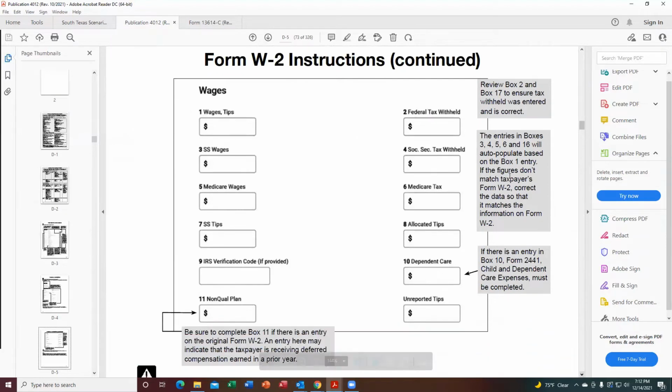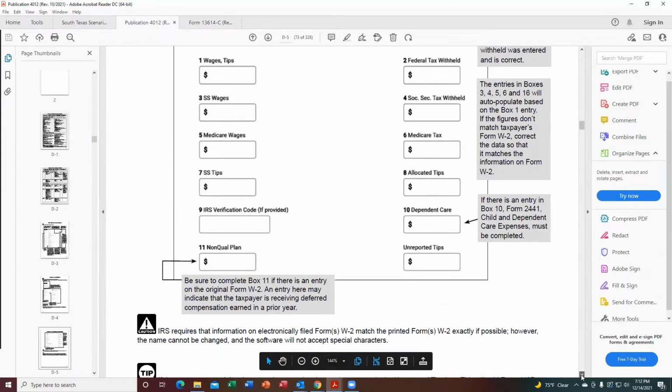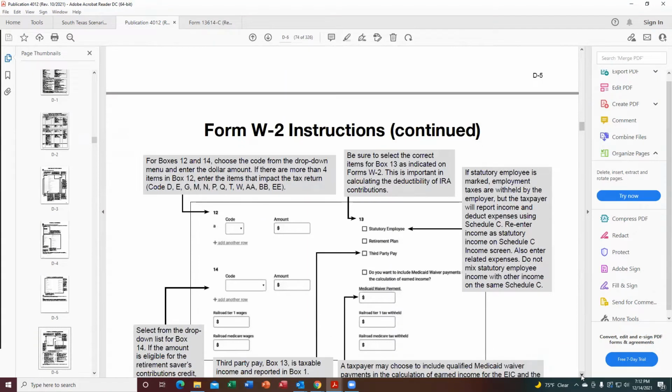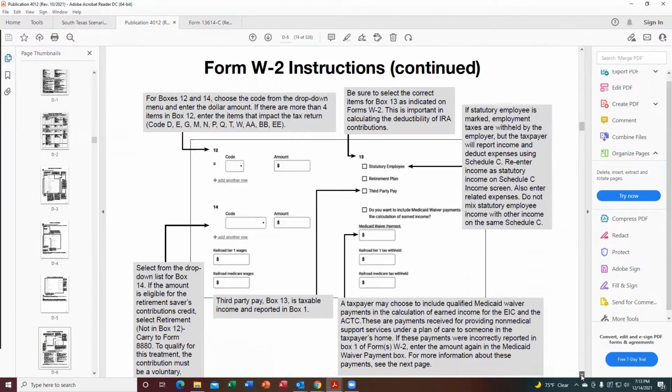And this is where we're at. So it gives you information on what should appear in the boxes. What I wanted to show you, I'm just going to scroll down, right in here, what we just entered: box 12 and the codes.